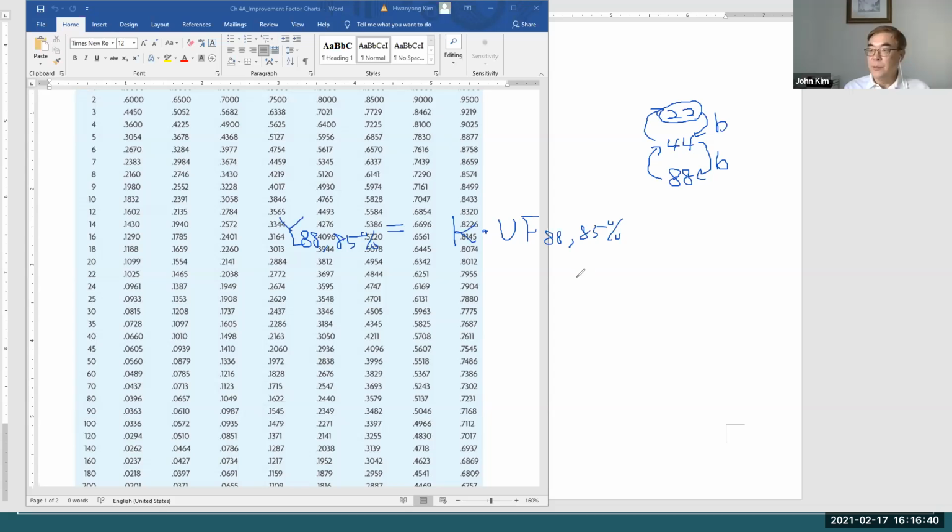So unit factor 88 equals unit factor 22 times B times B, so squared. This is 85%, so unit factor 22 is 0.4844 times 0.85 squared.